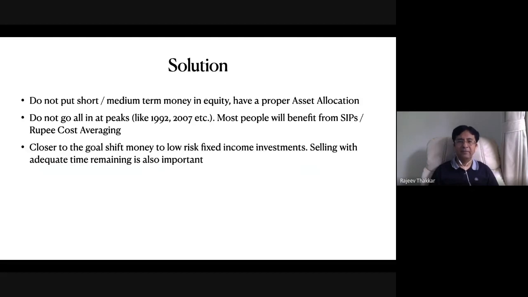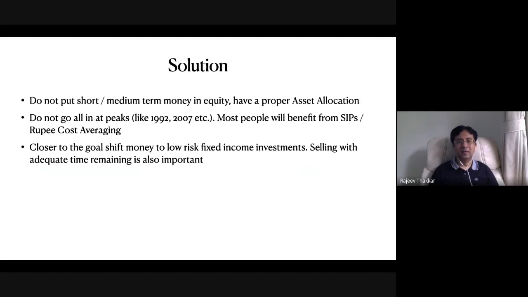So most people benefit from systematic investment plans, rupee cost averaging, dollar cost averaging, those concepts. Again, the flip side of SIPs, which many times gets ignored, is you may have done systematic investing, you would have bought equities in a disciplined manner, but don't overstay your welcome in equities. So if you have an expense in another 1 year, 2 years, gradually start shifting some money to fixed income securities, because equity by nature is volatile.